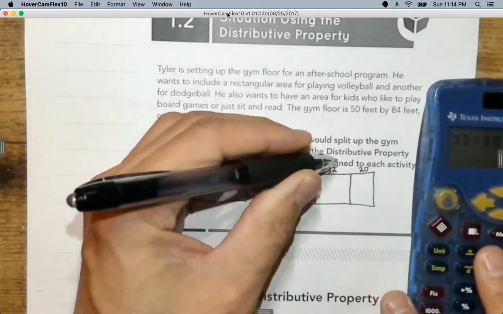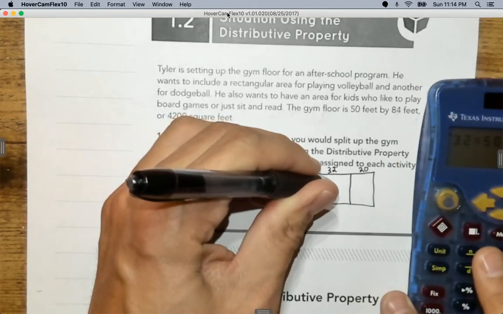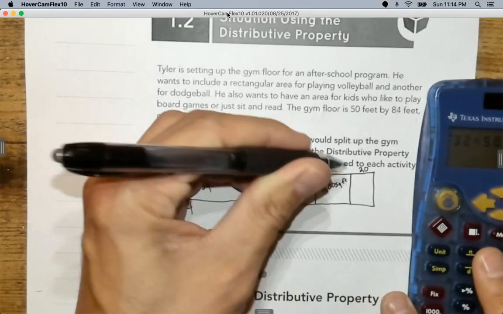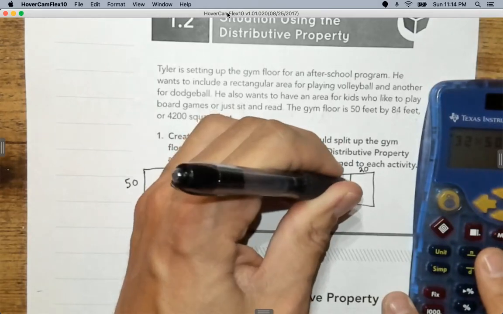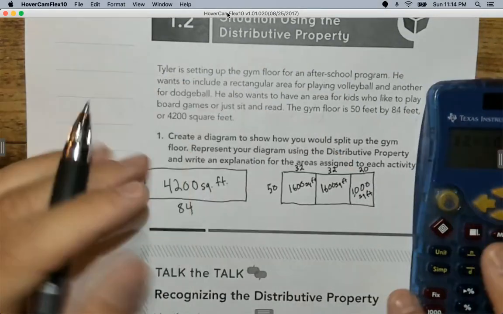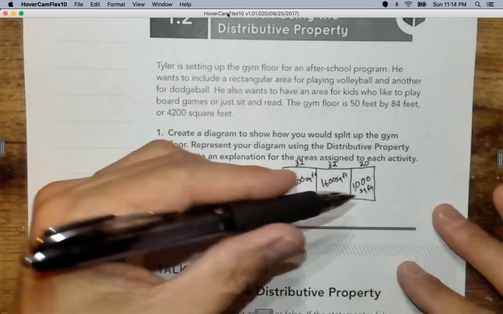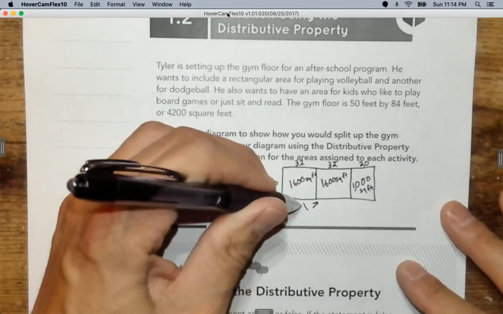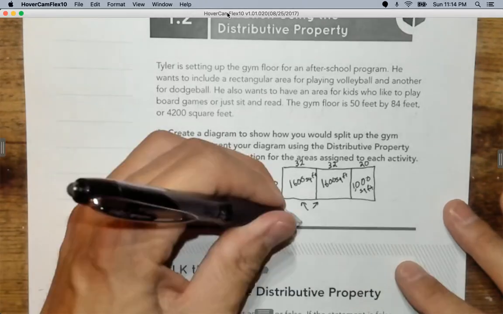This would be the same thing, 1,600 square feet. And then this one would be 1,000 square feet. And so for me, I would have it be where those two are going to be volleyball and dodgeball.